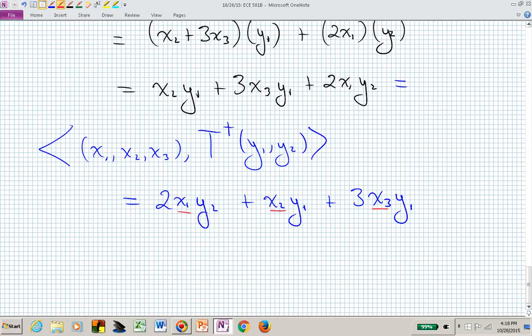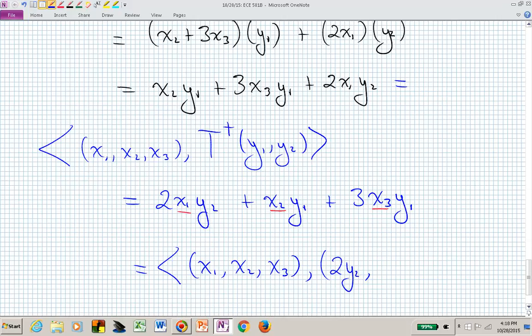So this is now supposed to equal x1, x sub 2, x sub 3 times something, and that something is what multiplied x sub 1? 2 y sub 2. That's the first coordinate in my T dagger W result. T dagger W needs to be a 3 vector.